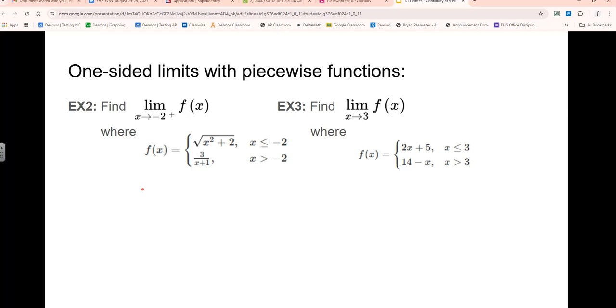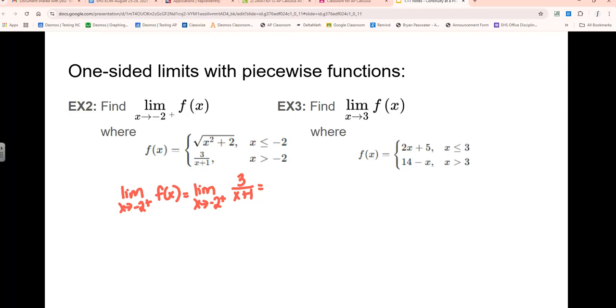So if I'm doing the limit as x approaches -2 from the right of f of x, for this equation, that would be the limit as x approaches -2 from the right of 3 over x plus 1.